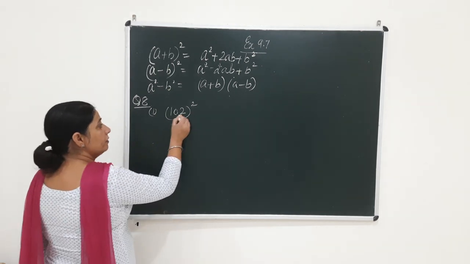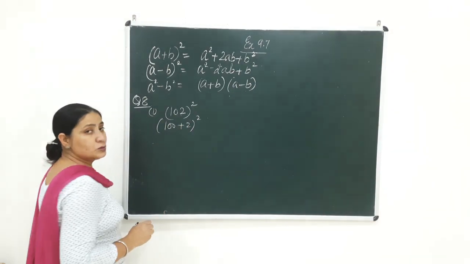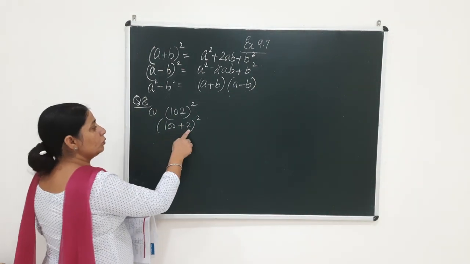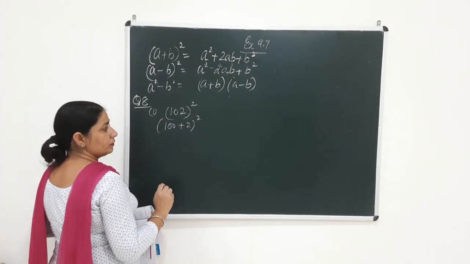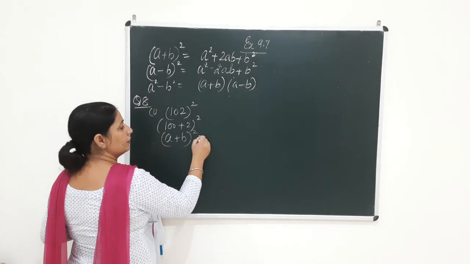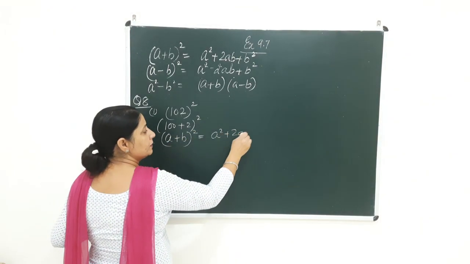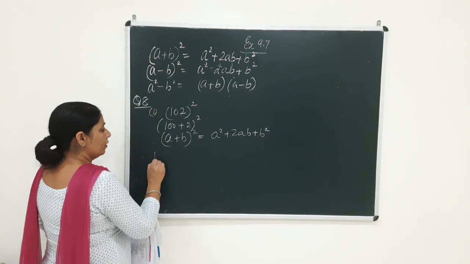So 102 first of all you will break up and write as 100 plus 2. Now 100 plus 2 the whole square, if you recognize it, it is a plus b the whole square. So we will correlate it with the formula of a plus b the whole square, so we will have a square plus 2ab plus b square.